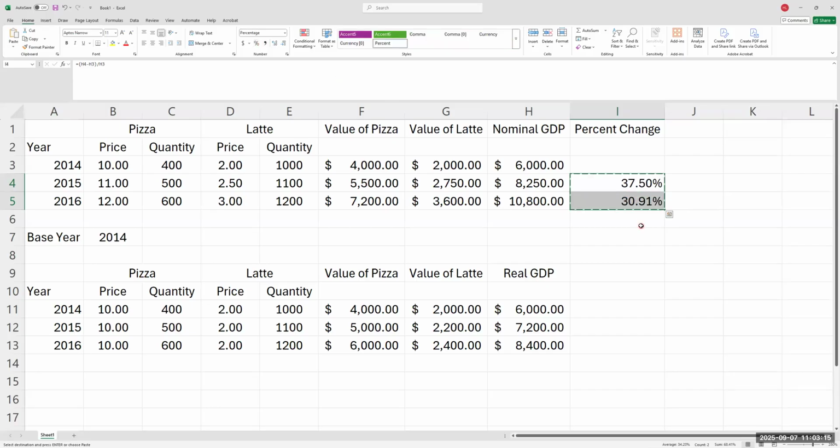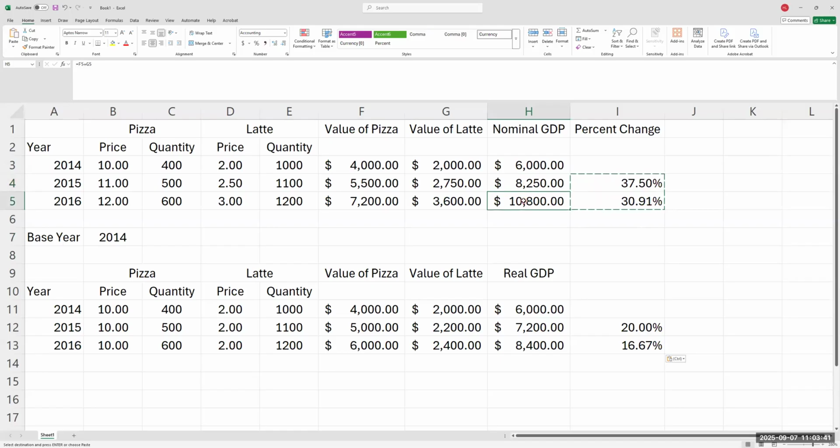And I'll do that real quickly down here. You could see that if we just looked at nominal GDP, the percent change of nominal GDP is above 30% for each year, 37.5% from 14 to 15, and 30.91% from 15 to 16.